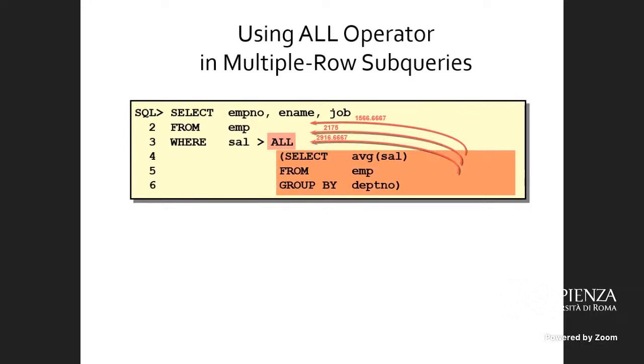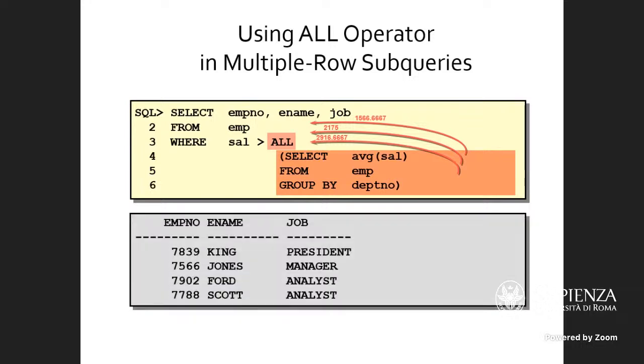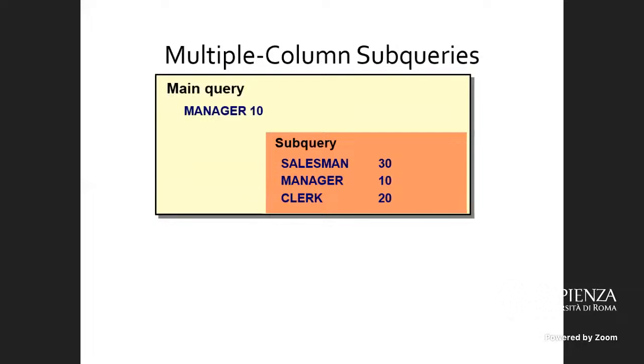Then when we move on, we can see that the average salaries come up, and from our result set it's people who earn more than those salaries, where their own salary is greater than the highest average salary that is coming.